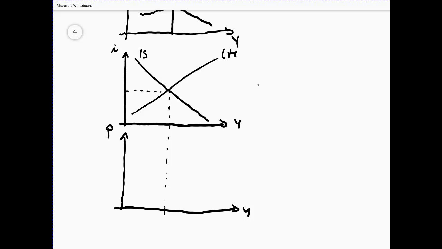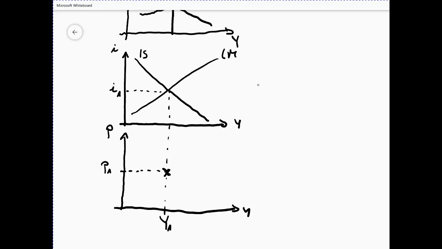So that said that we had a y1 level of GDP, I1 level of interest rate, and a certain P1 level of prices, which assured that both the goods market and the money market are in equilibrium.